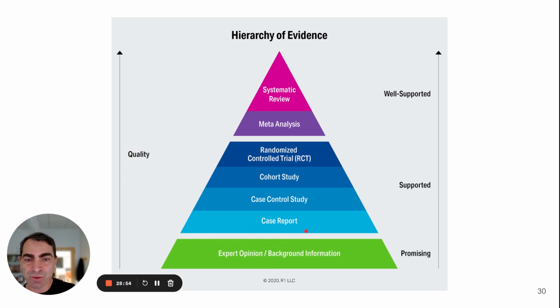You have case reports, case control studies, so this is basically about a few people, observational. Then you have cohort studies, and then you have one of the gold standards that is randomized controlled trials. And then you have summaries of multiple randomized controlled trials, which is basically what you have in meta-analysis and systematic reviews. So well supported and high quality.